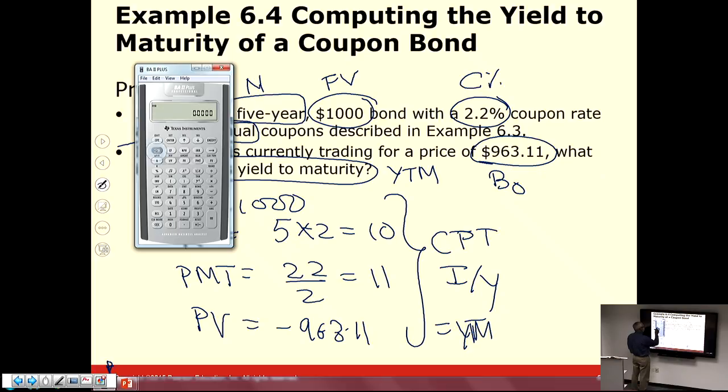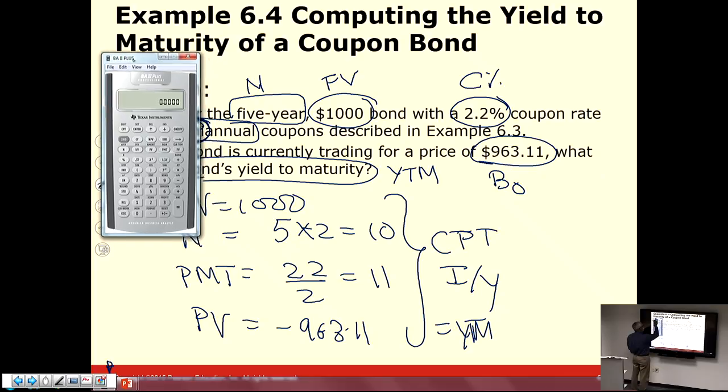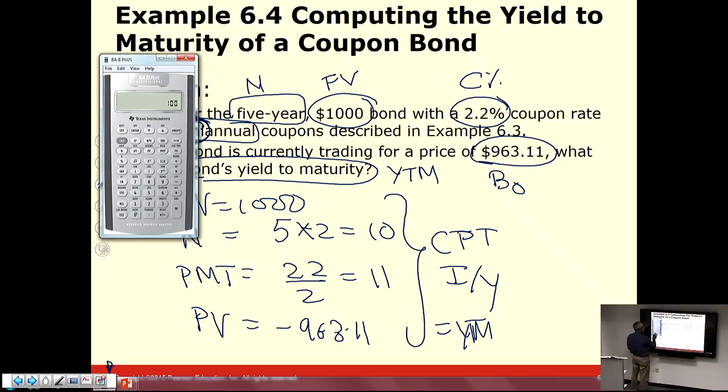So here I go, second clear TVM, $1,000 FV, 10 is my N, 11 is my payment, 963.11. I have to change sign, that has to be a negative present value.